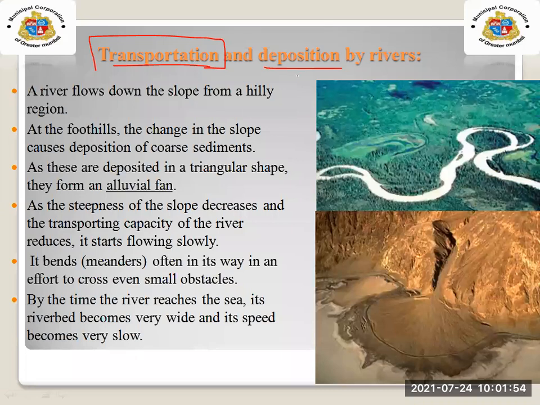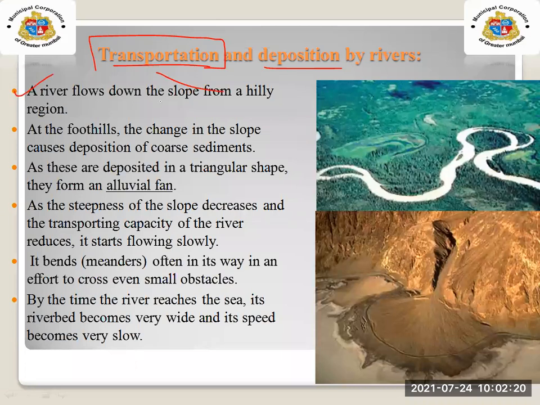Means here, then, transportation and deposition by rivers. Means by rivers, how the transportation process can be seen, and how the deposition of land is formed because of the river, we are going to see in this point.